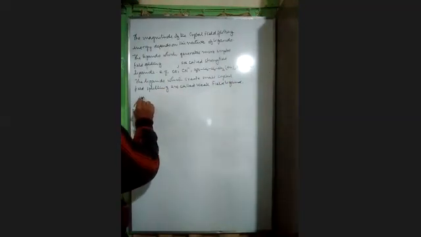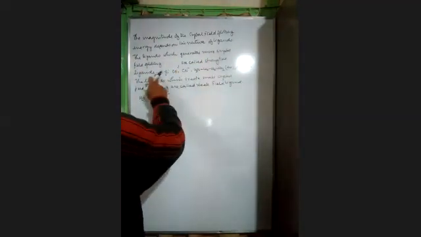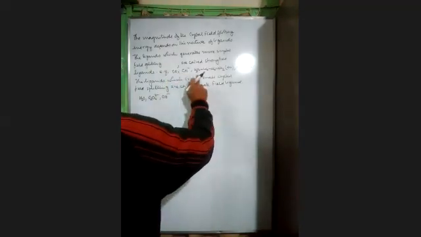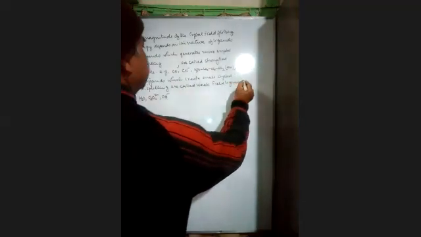Example, water. See here, the ligands which generate more crystal field splitting are called strong field ligands: carbon monoxide, cyanide, ethylene, 1,2-diamine, ammonia, etc. The ligands which create small crystal field splitting are called weak field ligands.